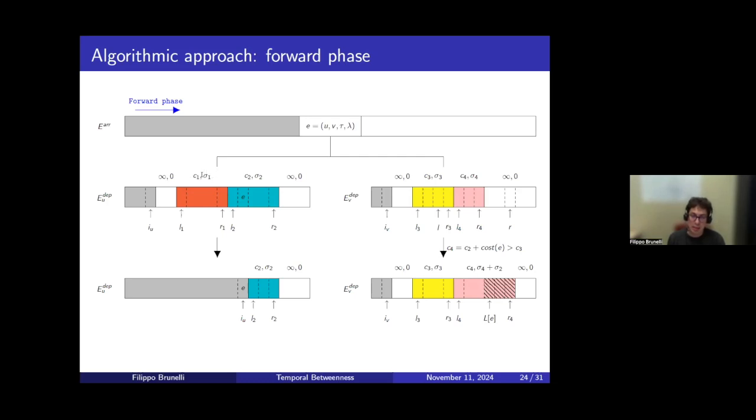The cost is the minimum cost of the walks that these edges can extend, and the number is the number of such walks. So for example, here we have an interval from L1 to R1, which means all the temporal edges in this portion of the list can extend a walk with a cost C1.